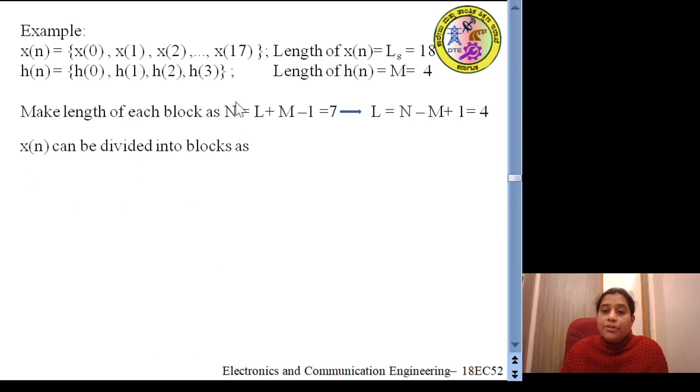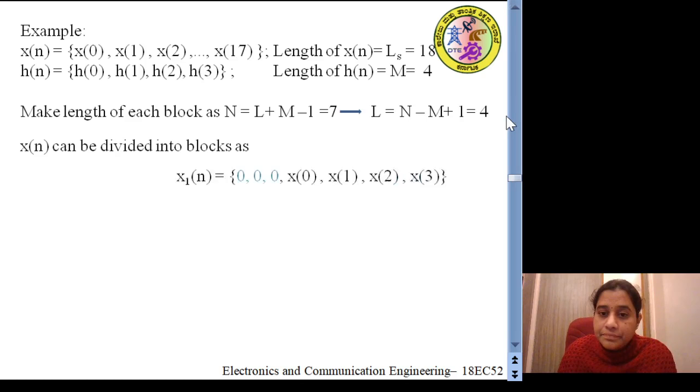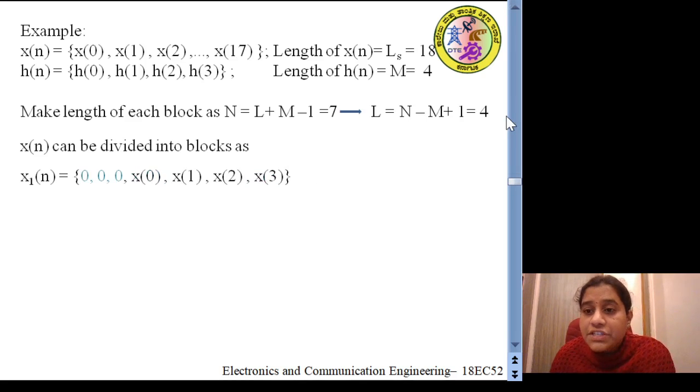So we have to divide this x of n into blocks. See how we are dividing here. In the first block in the overlap save method, the first M minus 1 samples are padded zeros.